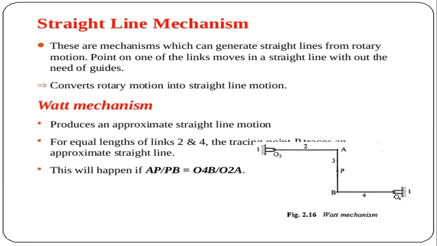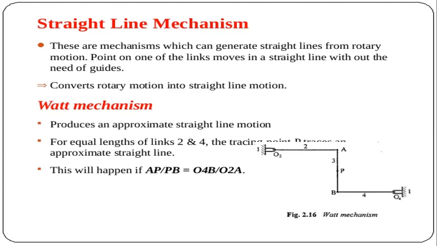First of all, these straight line mechanisms can generate straight lines from rotary motion. In the earlier mechanisms also we studied the same. In these mechanisms, one of the links moves in a straight line without the need of any guidance.